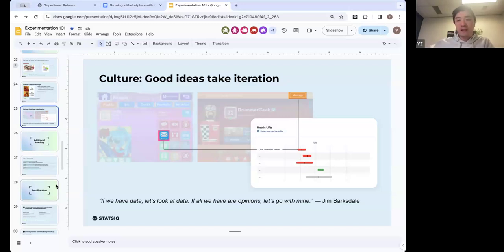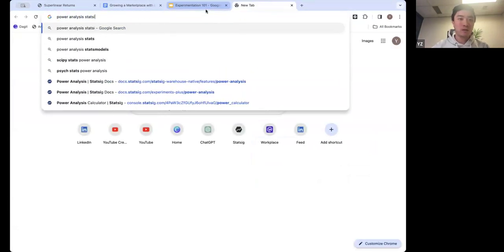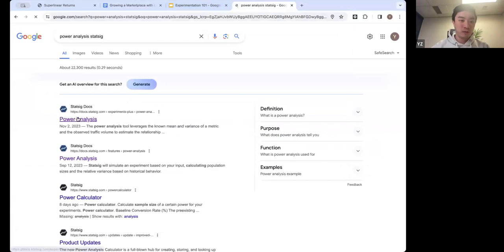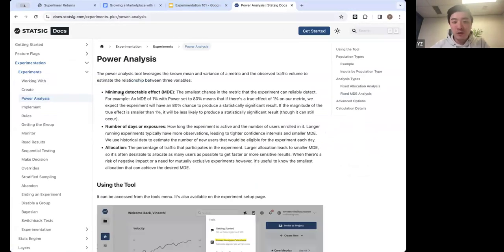So everyone should sit together and talk about the minimal detectable delta. So maybe I should use the power calculator. You need to talk about minimal detectable effect. For example, is it 3%?